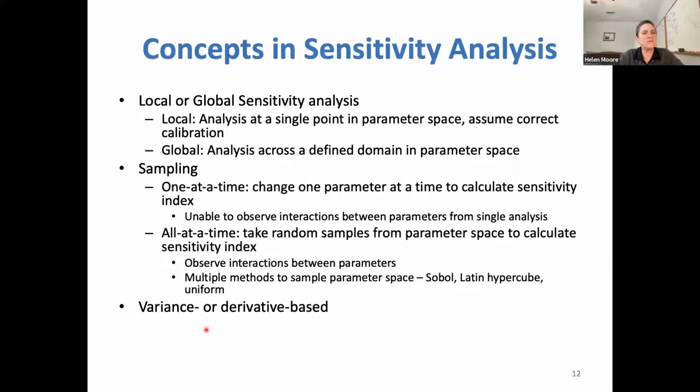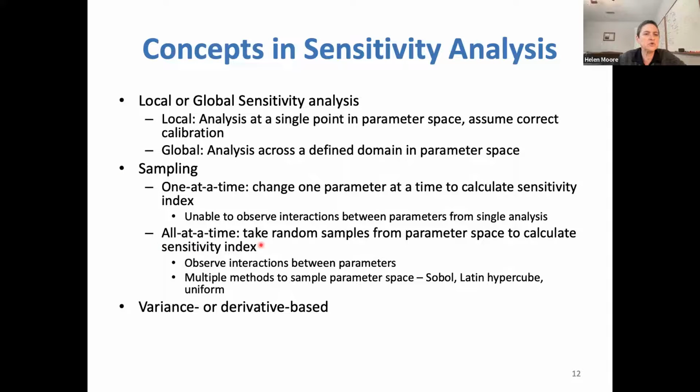Some of the ideas we go over are local versus global, local being done at a single point in the parameter space, so that's giving us information locally. Global would mean we're getting information across the parameter space. Sampling could be done one at a time, where you change one parameter at a time to calculate that sensitivity index.